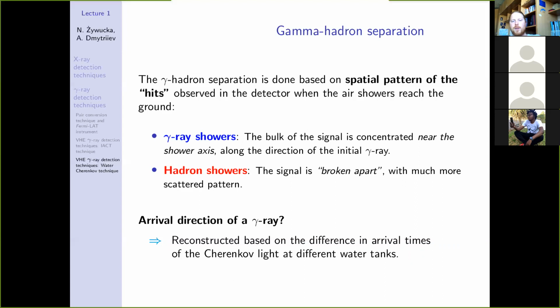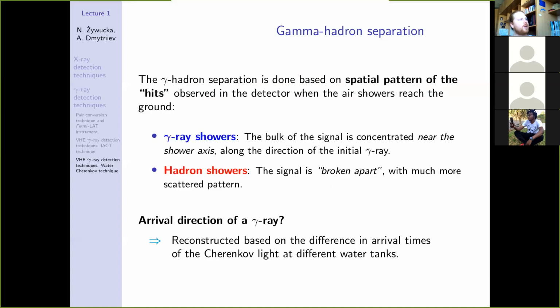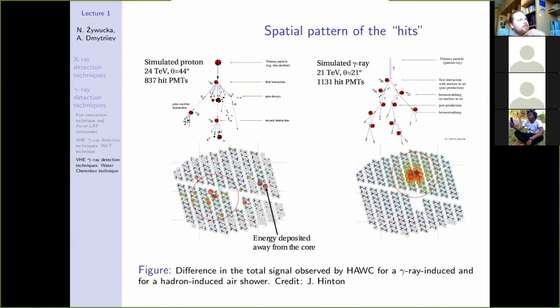If you look at the detector from the top, with particles falling on the detector, the tanks, it will be a very different picture. For gamma ray showers, the bulk of the signal will be concentrated near the axis. You have seen it here, right? And for hadron showers, it will be more scattered and more broken apart.